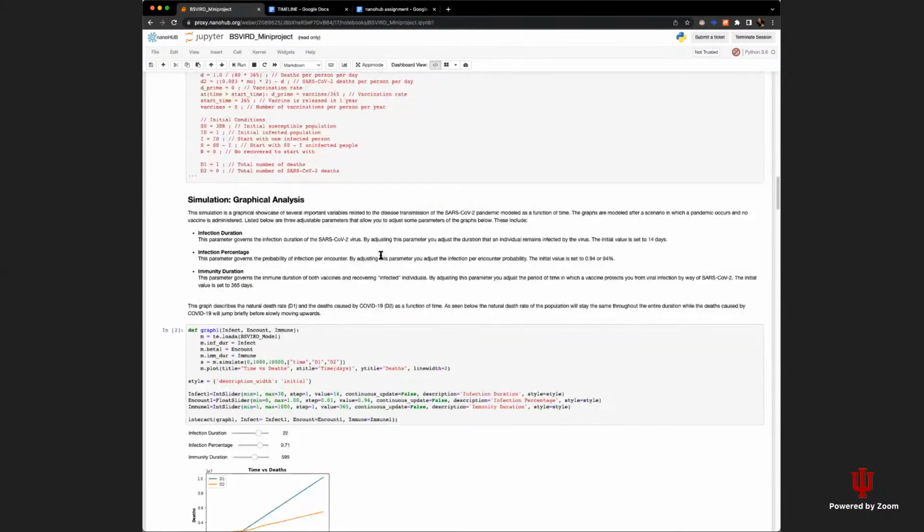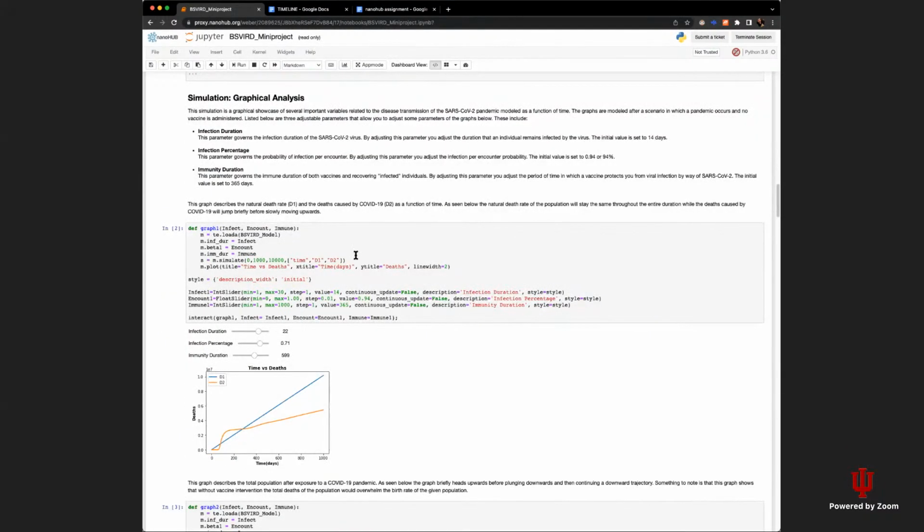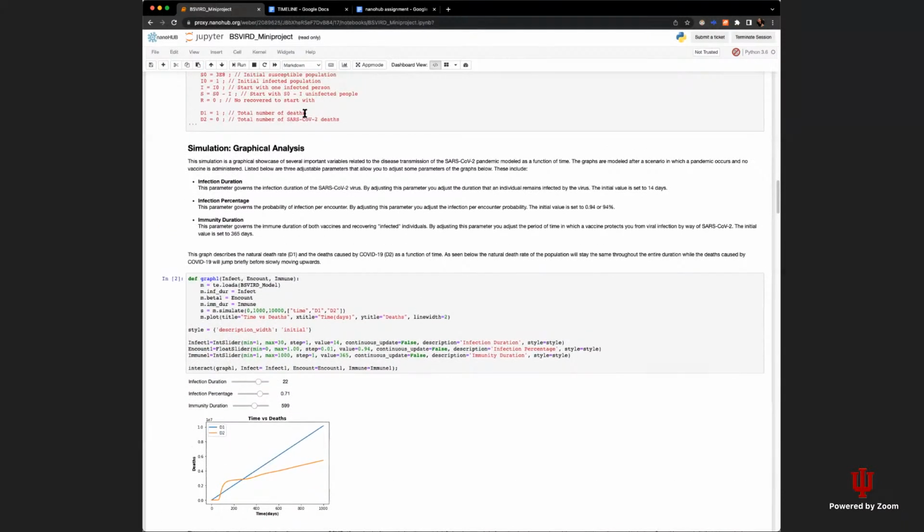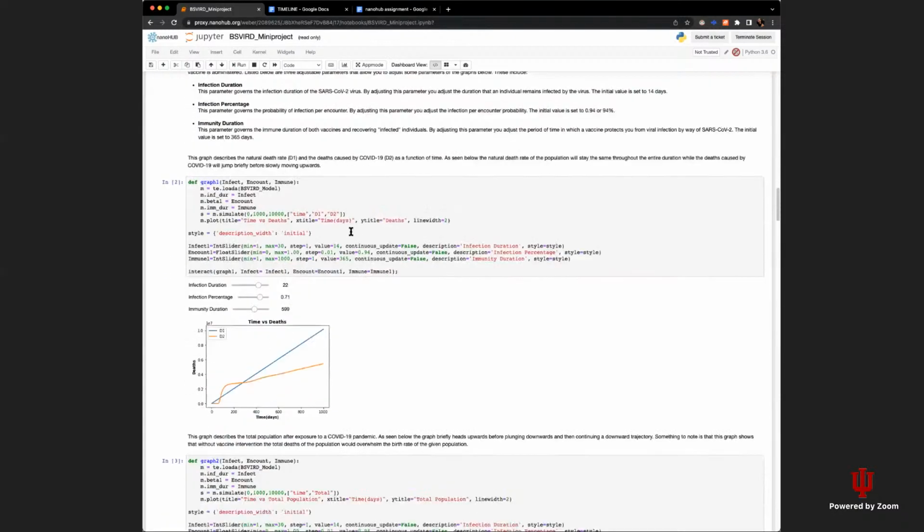And if we just skim through all this, they show the first example that they give, where they have D1 and D2. D1 is just the total number of deaths, whereas D2 is the deaths from COVID-19 specifically. And so we can actually adjust these different parameters to see just how many deaths can be caused from it.